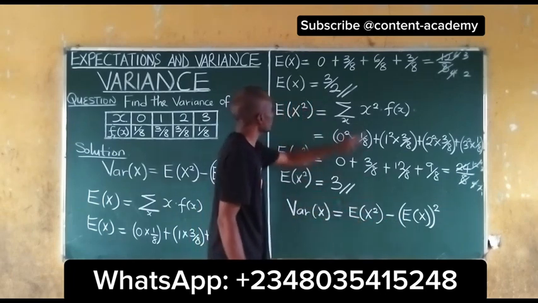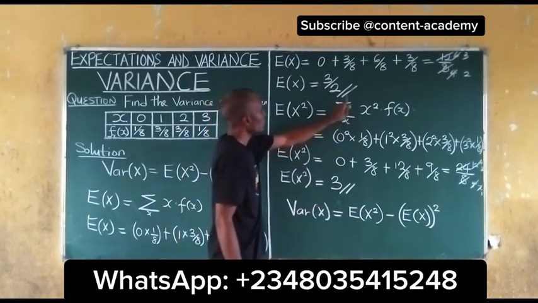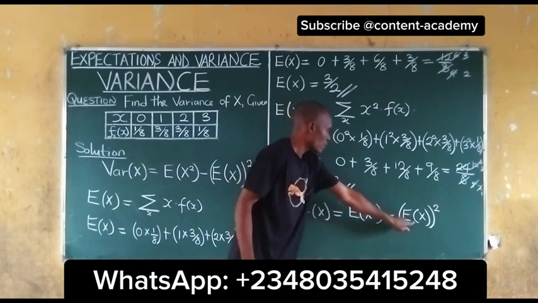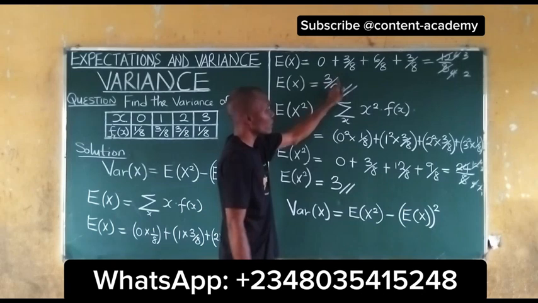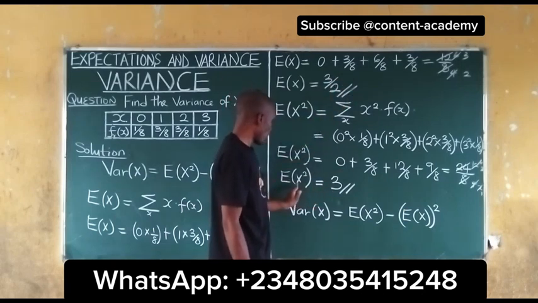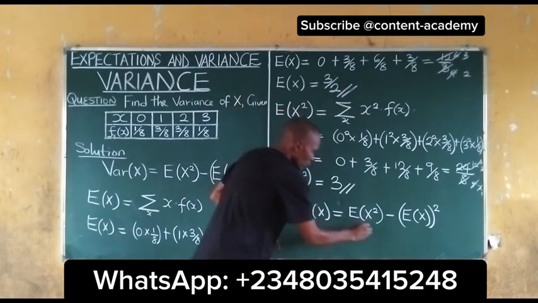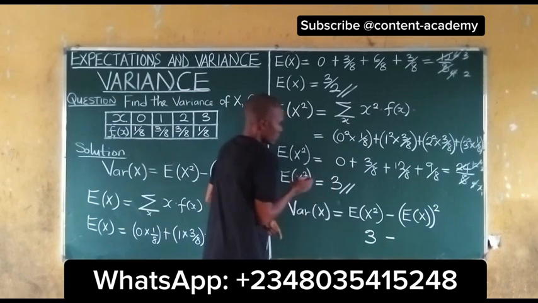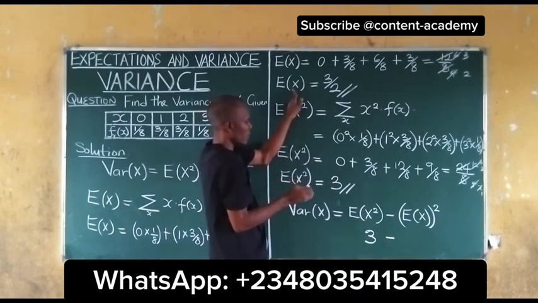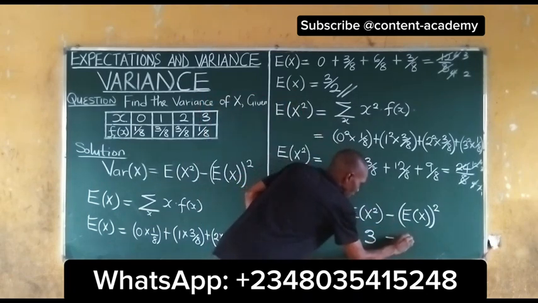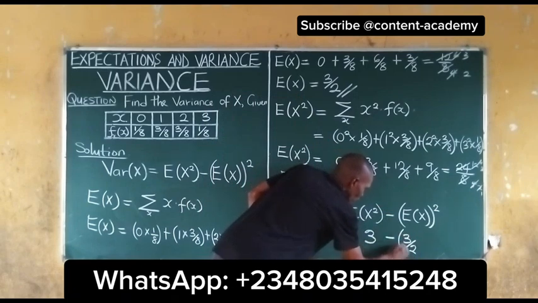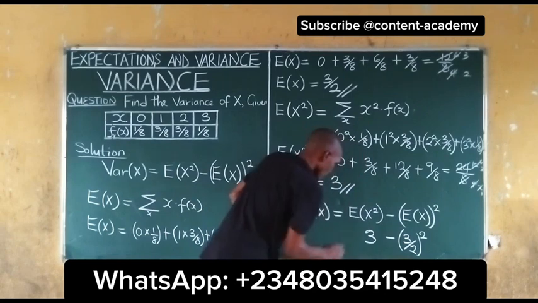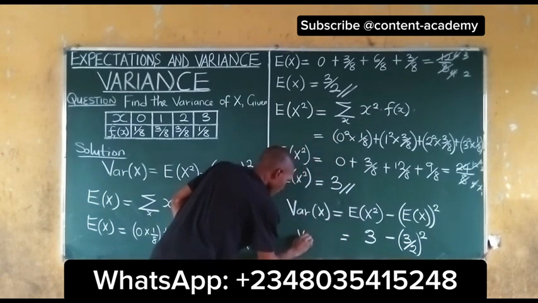The value for the expected value of x is 3 all over 2, and the value for the expected value of x squared is 3. So we have here 3 minus 3 all over 2, then we put our squared. So this is the variance.